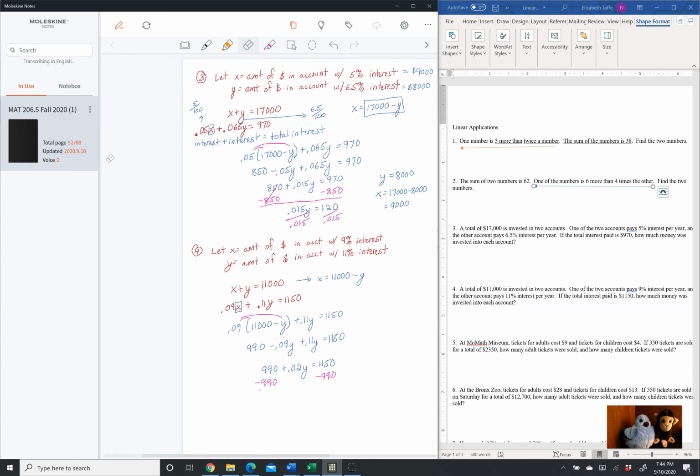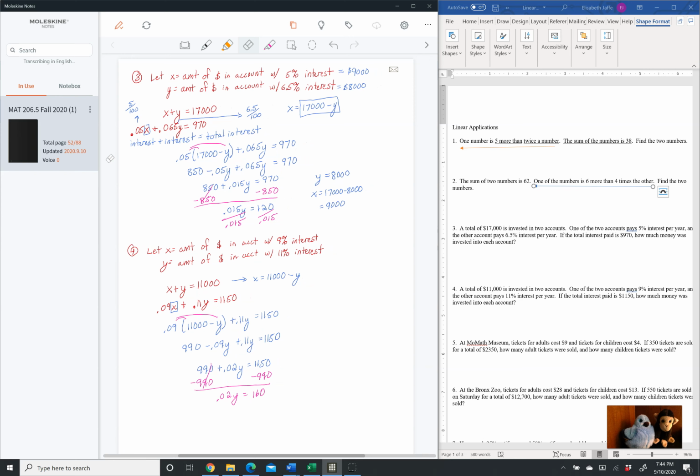So 1150 minus 990 is equal to 160. Sorry, I meant to put that in blue. I used the different colors so that you could tell apart what is just work. Then we divide both sides by 0.02.